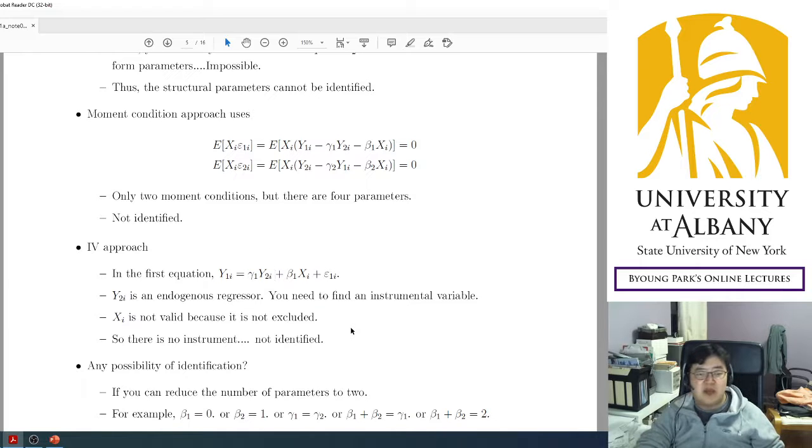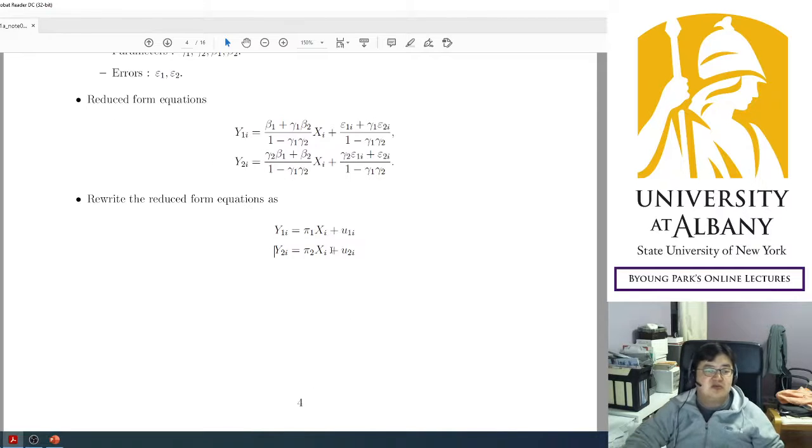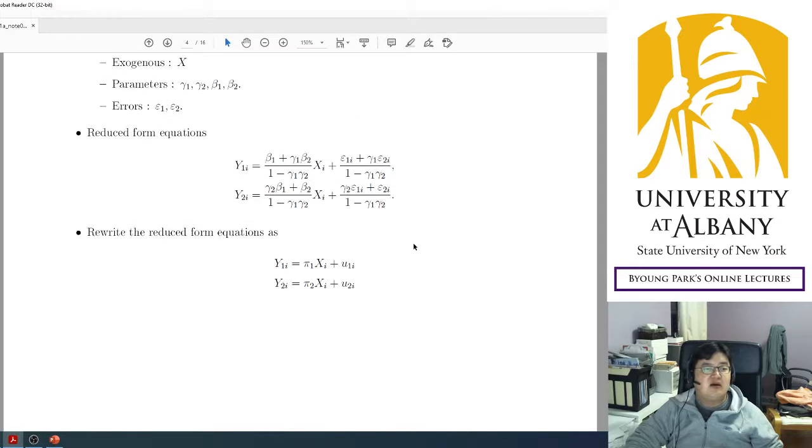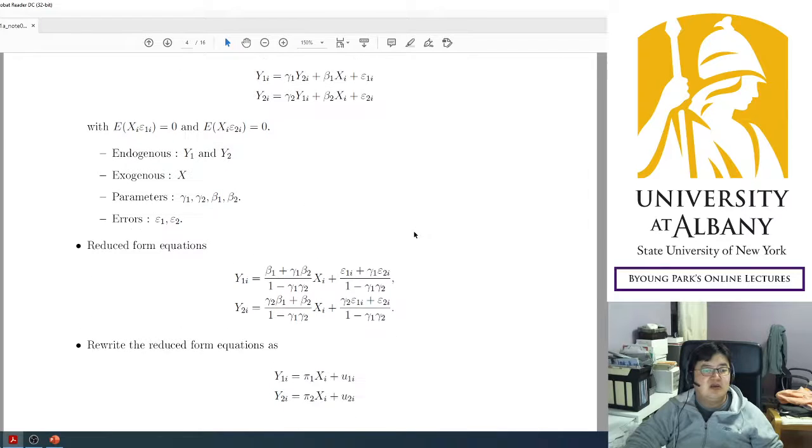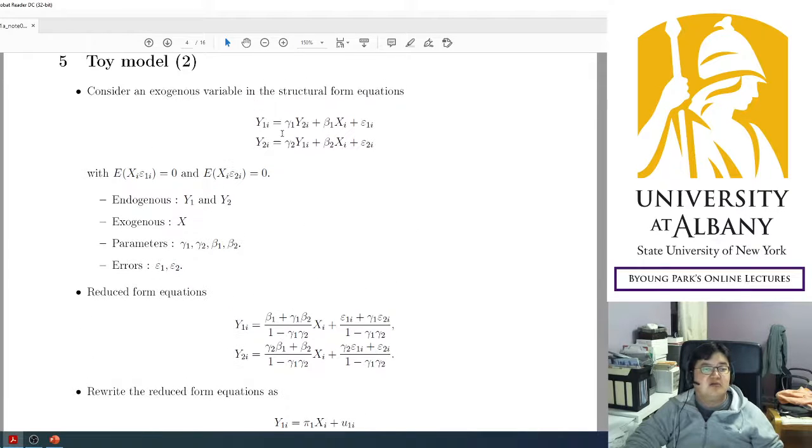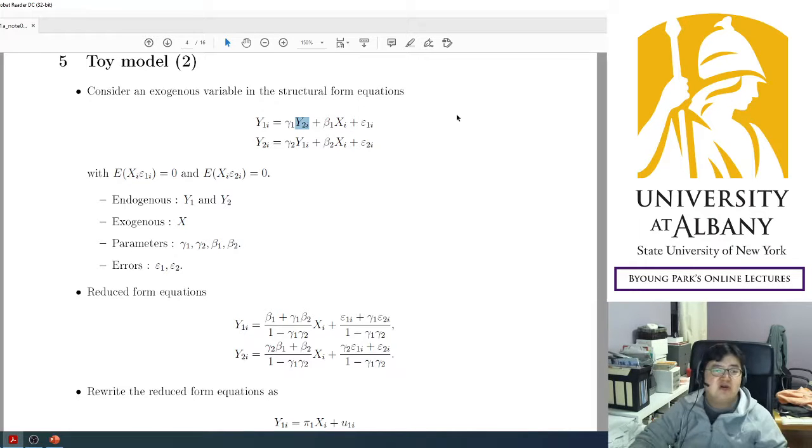But let's go back to the determination of y2. Now let's think about the excluded instrument for y2.